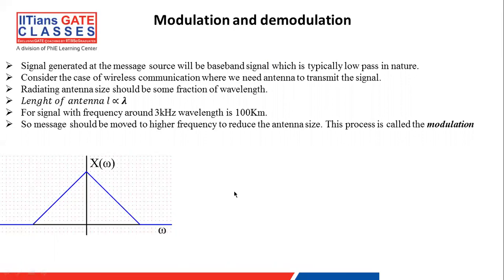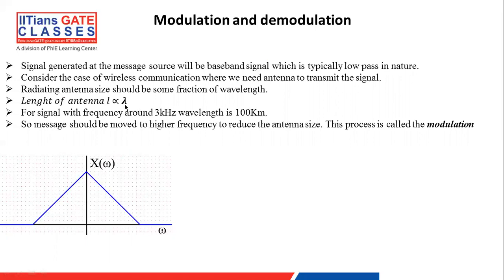If we want to transmit this signal through a wireless channel, the antenna that we have to use to radiate that signal will be very large, because the size of the antenna depends upon the wavelength, or the frequency, of the signal.